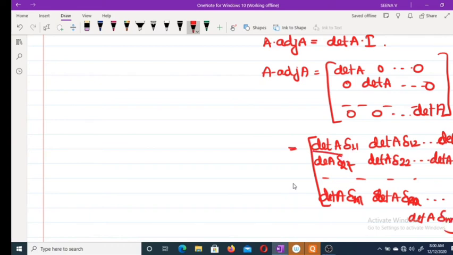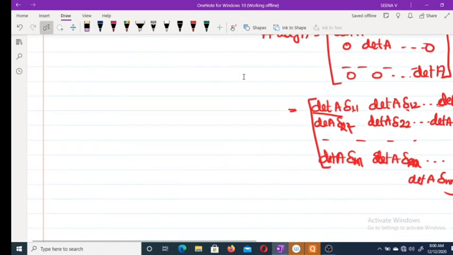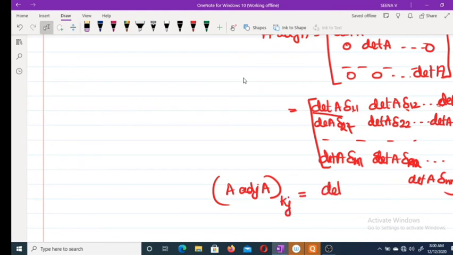Determinant A into delta 1 1 is determinant A, determinant A into delta 1 2 is 0, and so on. Okay. So the kjth entry of A into adjoint of A is the same as determinant A into delta kj.